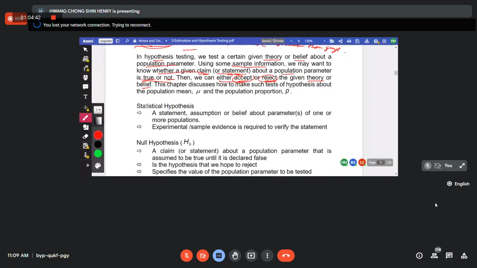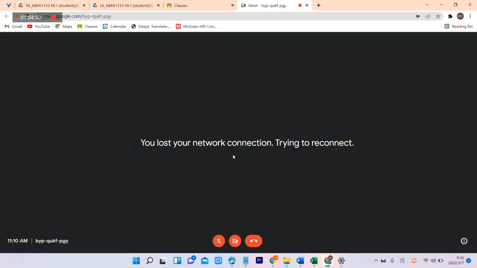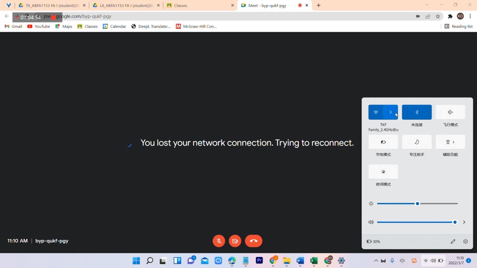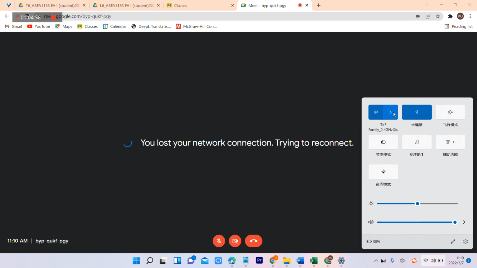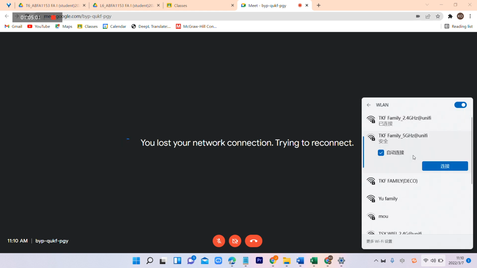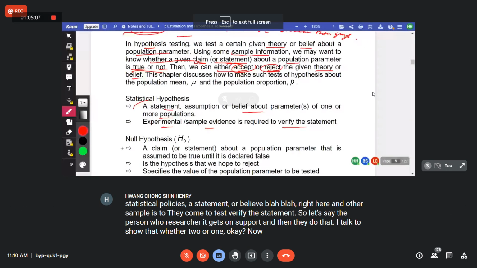Now, this is your statistical hypothesis, a statement or belief, like what I said just now: girls are smarter than boys, females are better than men, and so on. The experimental sample is to take the analysis and then print out the report to show whether true or wrong.